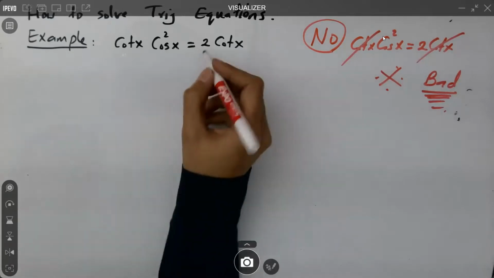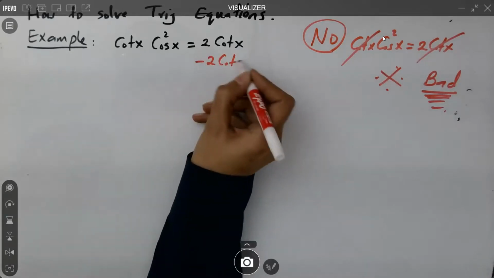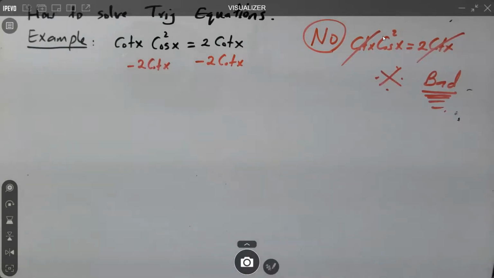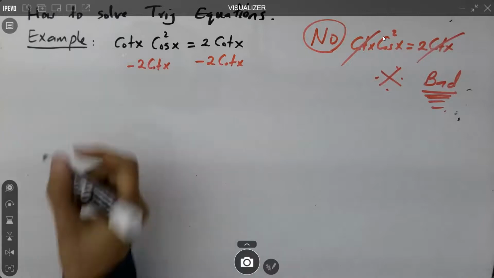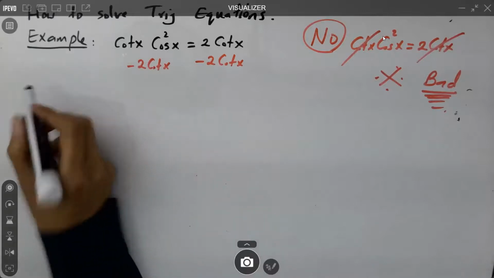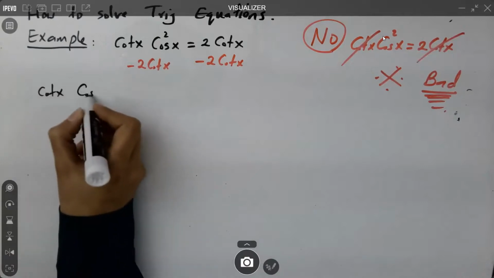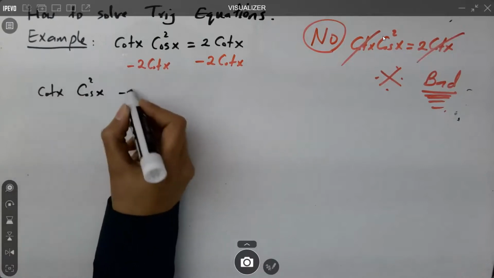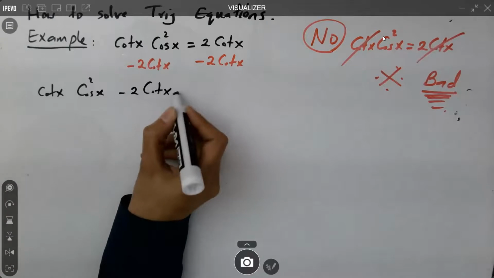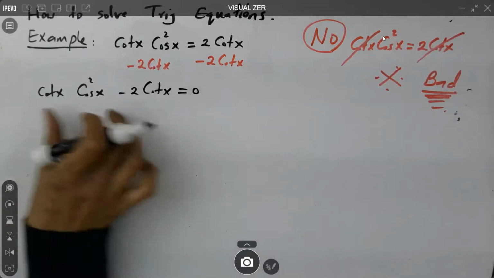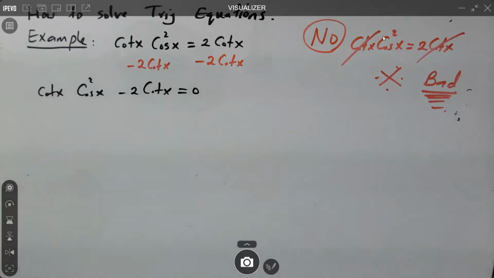So you need to subtract 2 cotangent of x from both sides. This is your very first step. What do we get? We get cotangent of x times cosine squared of x minus 2 cotangent of x equal to 0. Now, between these two, we're going to factor out cotangent of x.